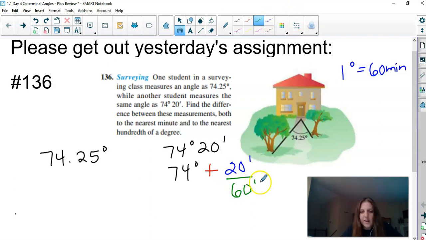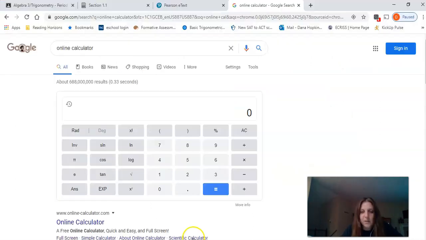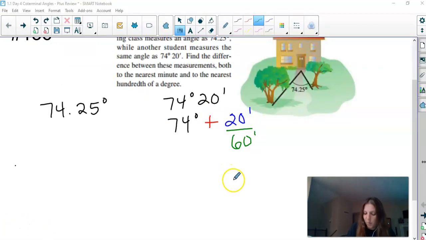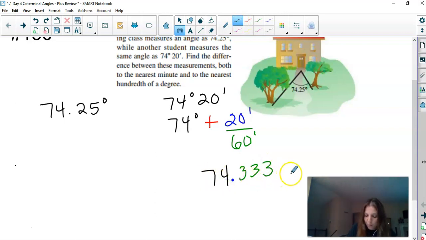So I'm going to go to the calculator, and type in 20 divided by 60. And then I'm going to round that to the thousandths place, just like we did in the assignment. So I'm going to round that to 0.333. So I'm going to write the 0.333 here, and I'm going to bring down the 74 full degrees. So this is 74.333.